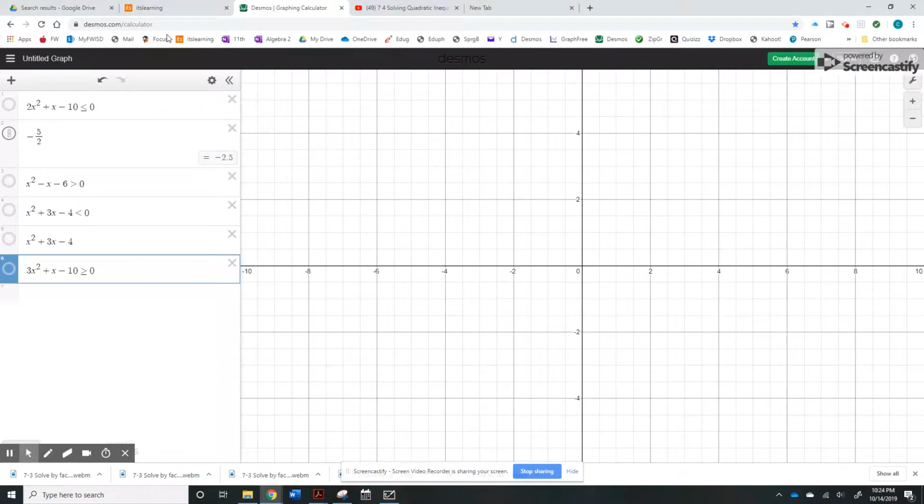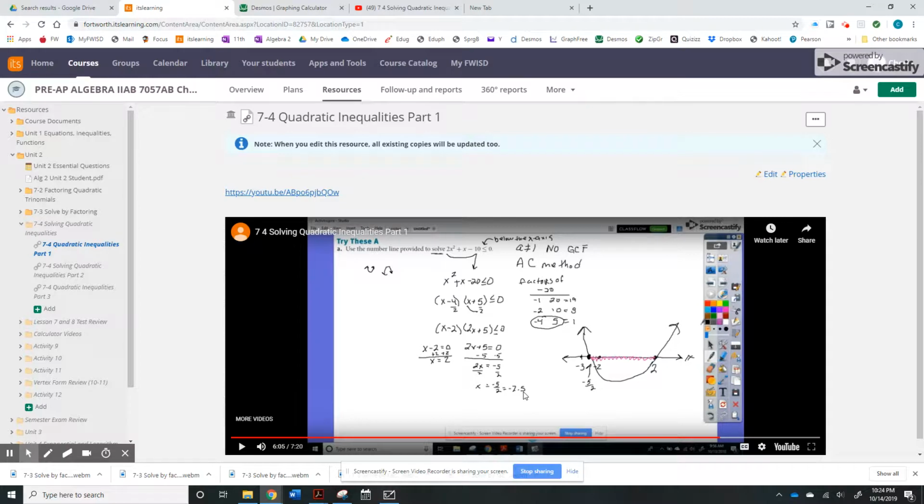Right here is where we worked it. You can see this is the shading that we did. I might have colored in some more, and I might have written down the numbers. So there's the numbers right there that I wrote down. So this is the final answer.